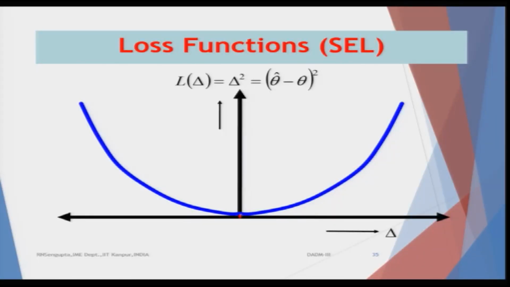Any value to the right, which I am highlighting in red, is positive, in the sense that theta hat minus theta is positive, meaning you are overestimating theta using theta hat. If I go to the left-hand side, theta hat minus theta is negative, hence we are underestimating theta using theta hat.